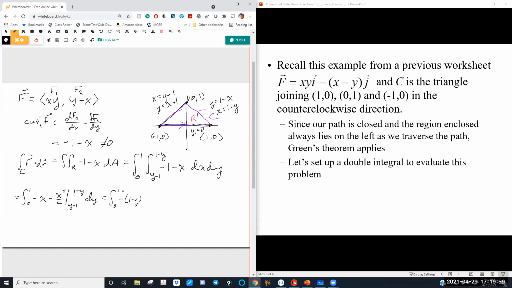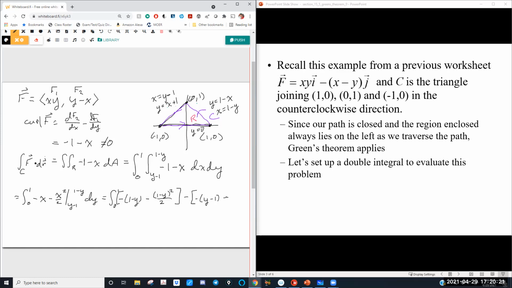So let's put some brackets so you can see where they're going in. Minus 1 minus y squared over 2. So that's plugging in the upper limit, minus now our lower limit. So negative, now y minus 1 is going in.